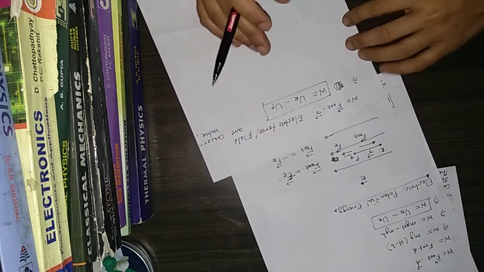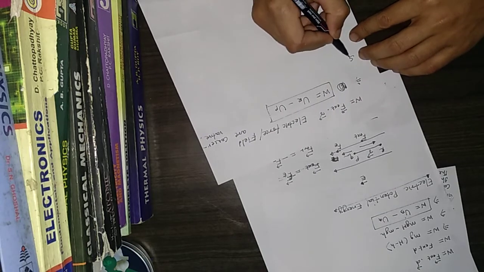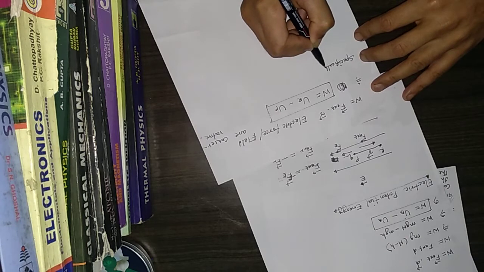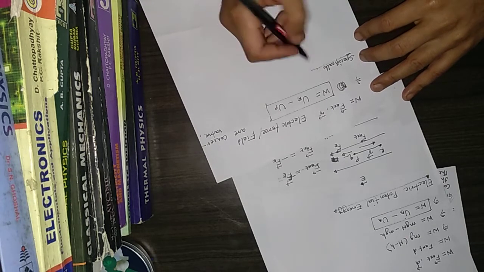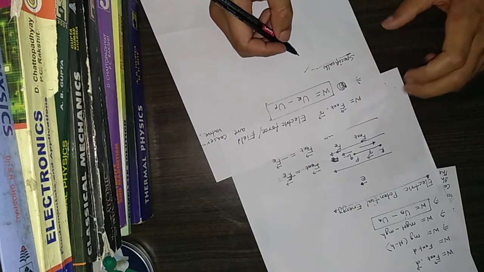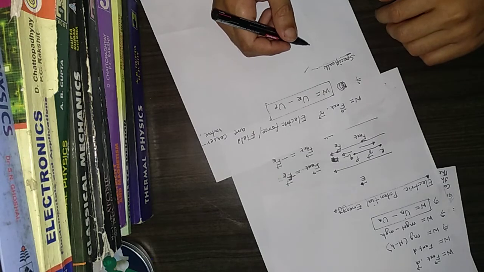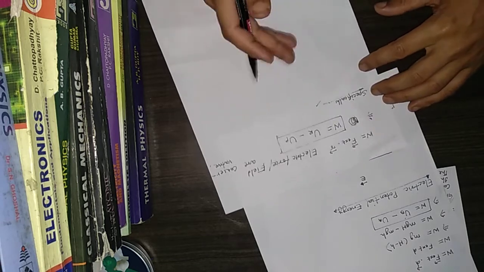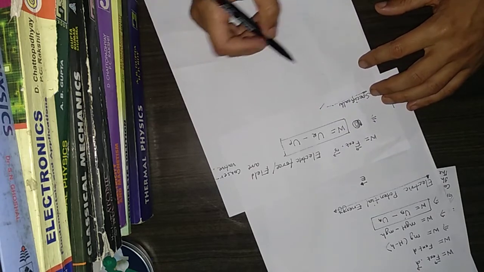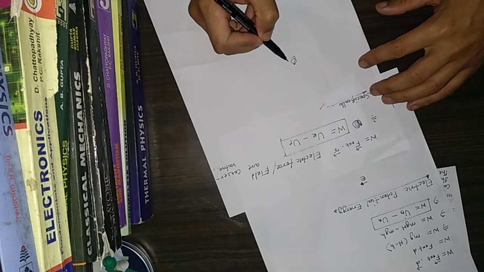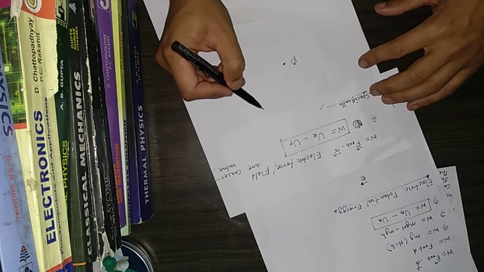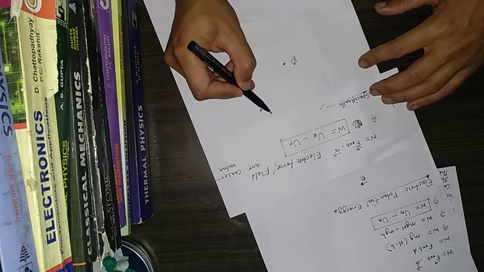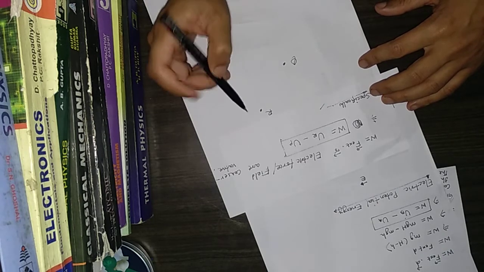Now let us make this more specific. Suppose you have a positive charge at this point, and suppose there is a point P here or R point here.